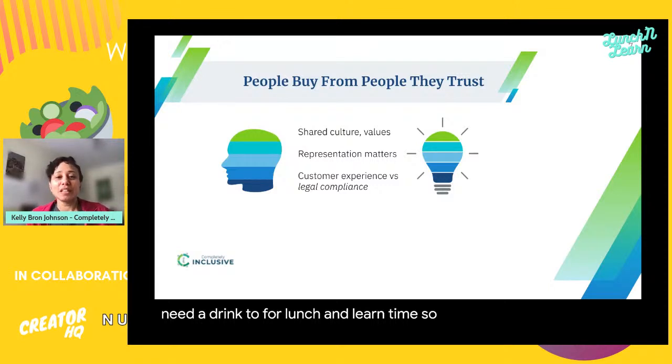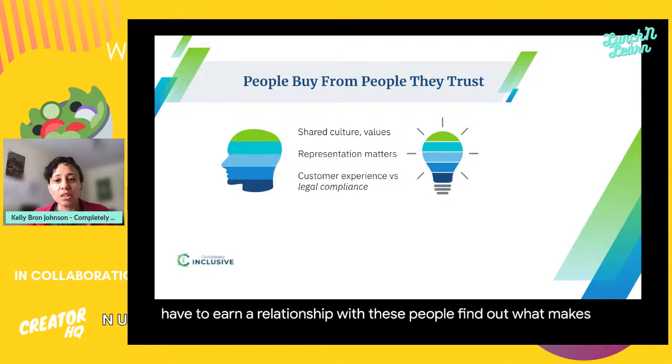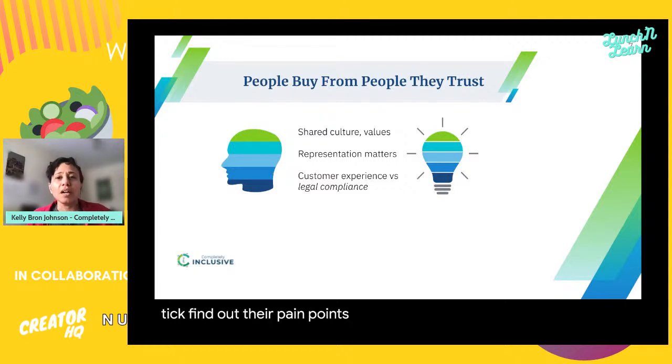So before we jump into a lot of the other reasons, there's a really basic thing, and that's why I'm talking about inclusion and accessibility: people buy from people they trust. That's hands down the first part of marketing, right? You have to earn a relationship with these people, find out what makes them tick, find out their pain points, and they have to trust you.